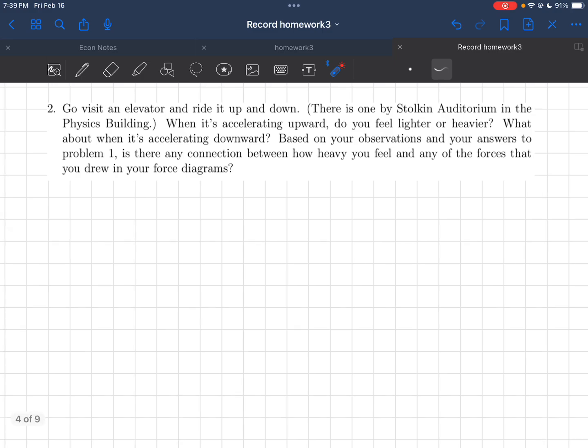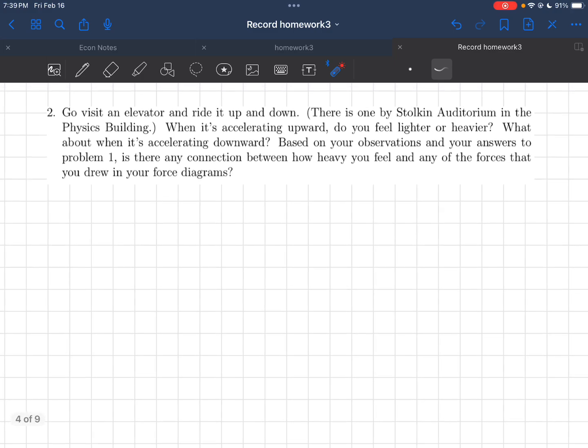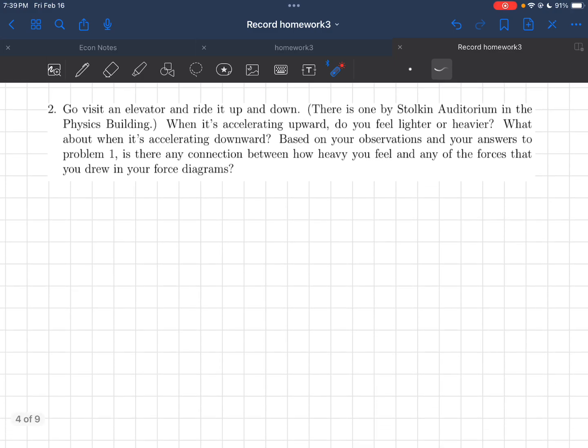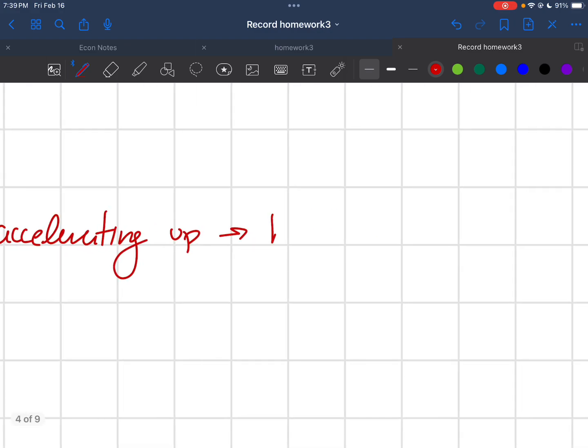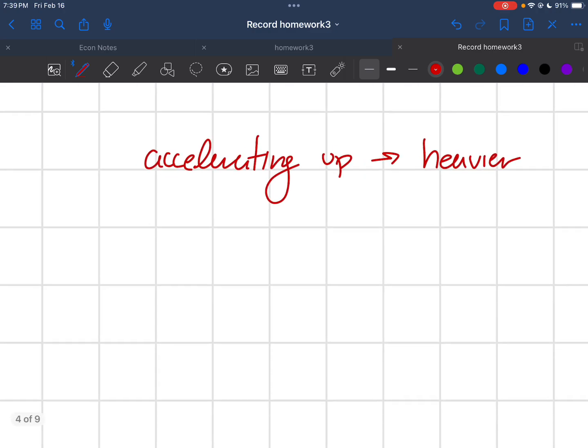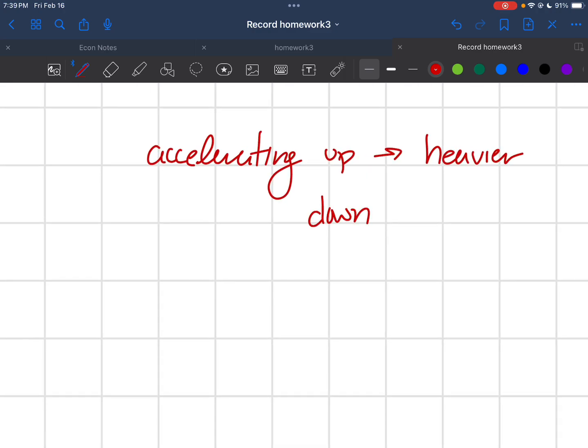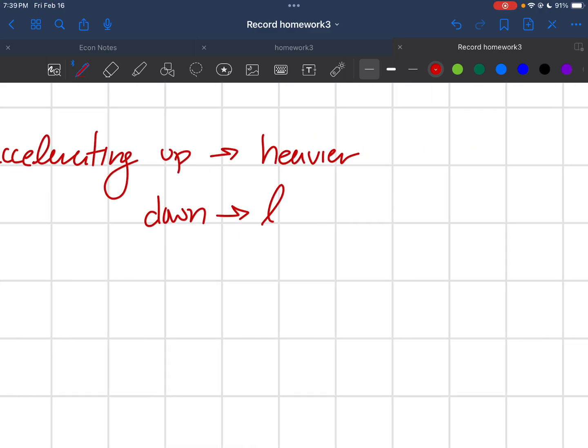From that demonstration, we could see that my little Lego telescope was heavier. The scale thought that it was heavier while I was accelerating upwards. So I can say that accelerating up made the scale think the object was heavier. And accelerating down, that's when it thought the object was lighter.